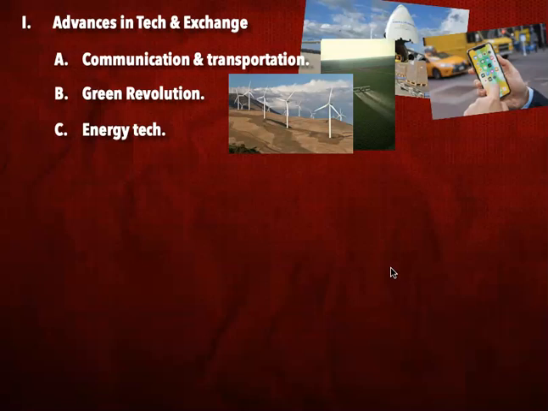Okay, energy technology. When we get into here, we're talking about going from coal, which was still a dominant energy source at the beginning of the 1900s, and then how that has shifted to petroleum, and then we have nuclear power, and by that I mean for domestic use, not making nuclear weapons, but nuclear energy.